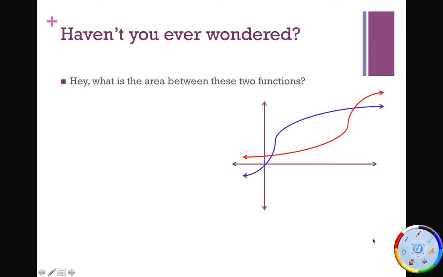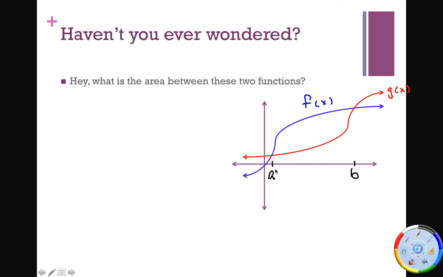Let's say that our blue function is f of x, and let's say our red function is g of x. Now we see that these two functions intersect at very specific points. We could call them A and B, just for general sake.